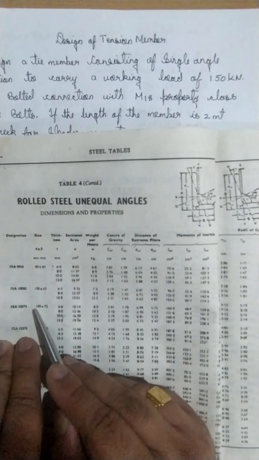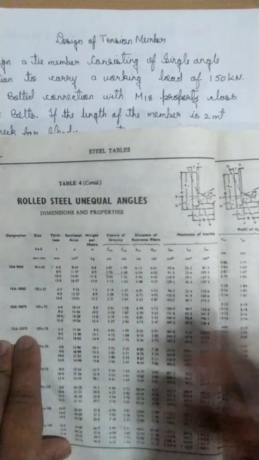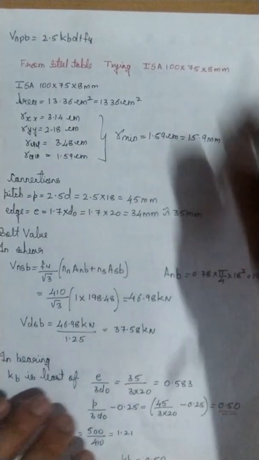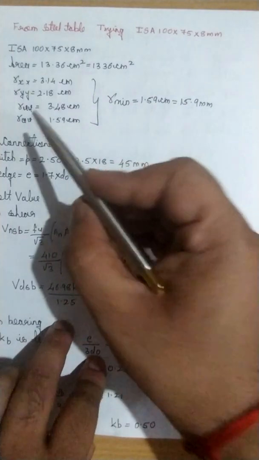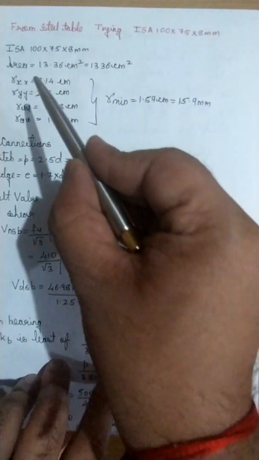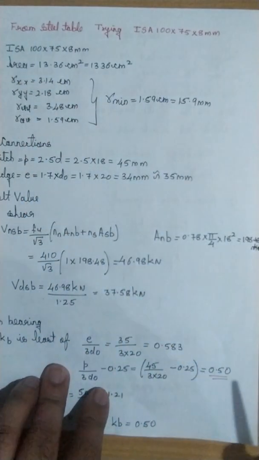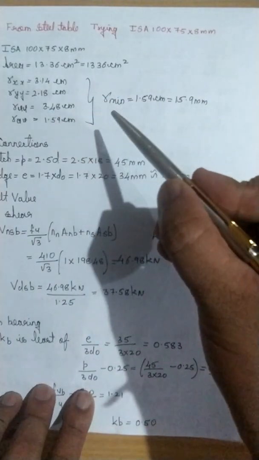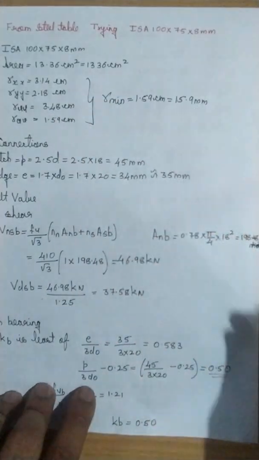So the section is 100 by 75 by 8. So let us go ahead with this. So we have found out a section from the steel table. I have chosen a section 100 by 75 by 8, whose area is 13.36 centimeter square. I have also noted down its radius of gyration and found out the least radius of gyration, 15.9 mm.